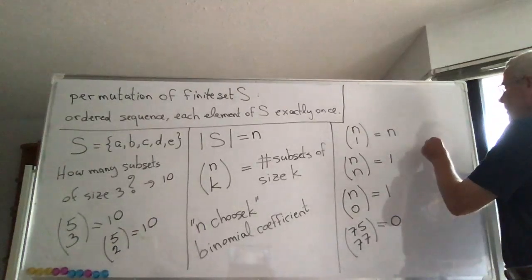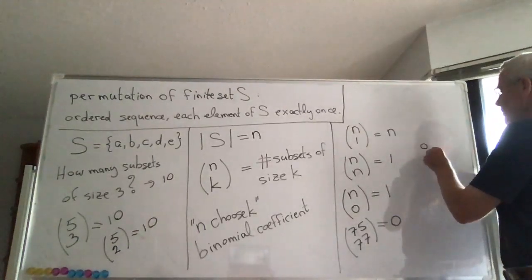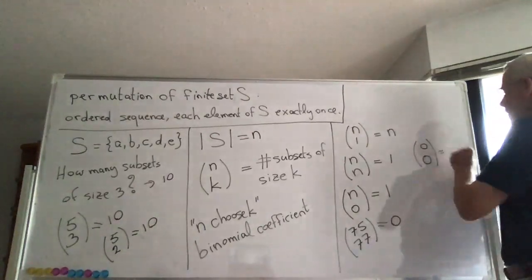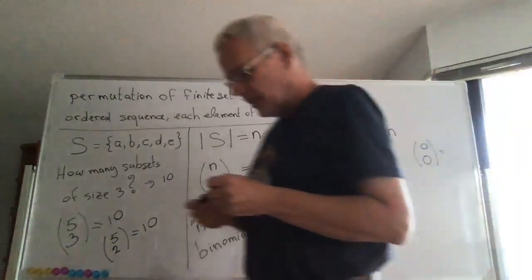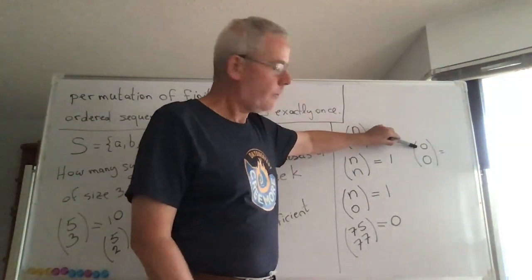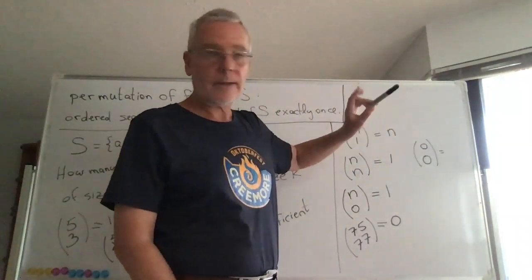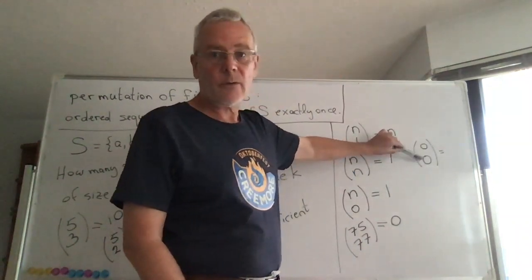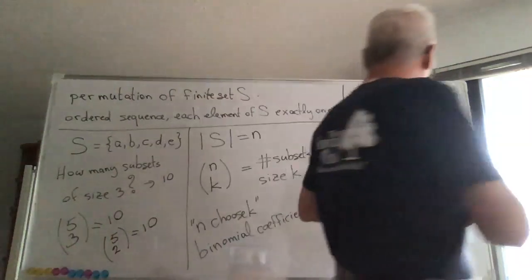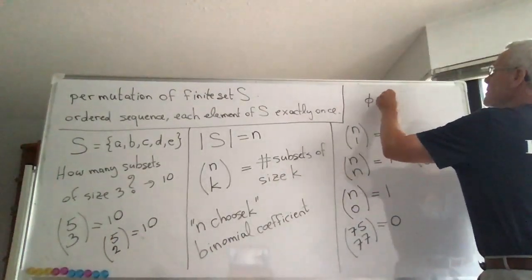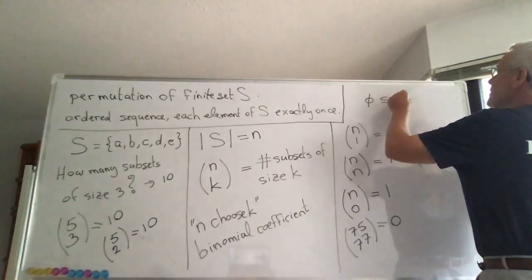One more example. What would be 0 choose 0? So we have a set of size 0, which means it is the empty set, and we want to choose a subset of size 0. Now keep in mind the empty set is a subset of the empty set.